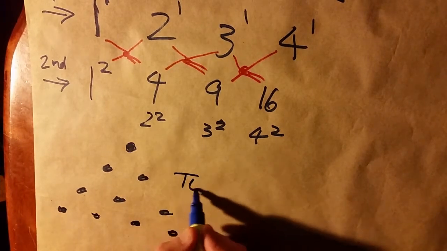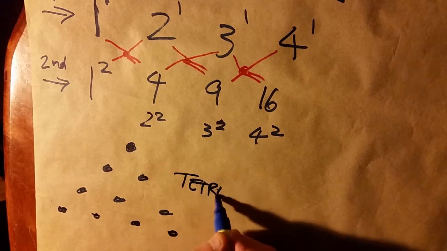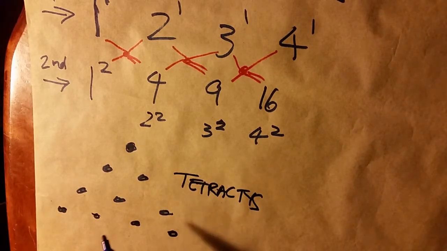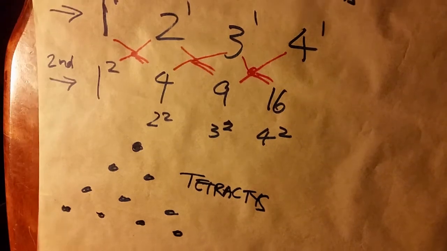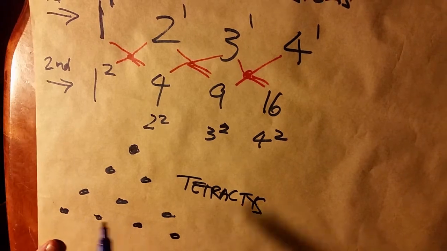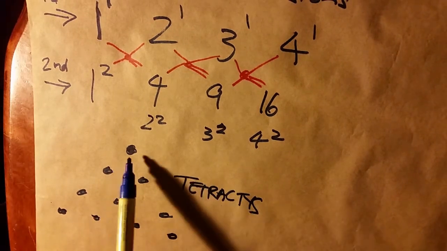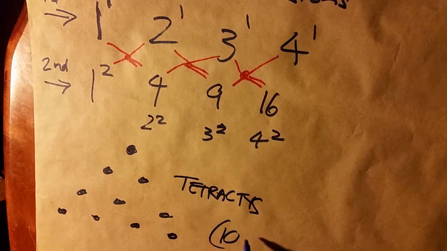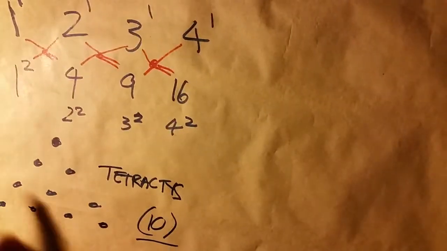This is called the Tetractys, a sacred symbol to the Pythagorean sects. They swore an oath upon this. If we count them 1, 2, 3, 4, 5, 6, 7, 8, 9, 10, there's a number attached to it, and that's 10.